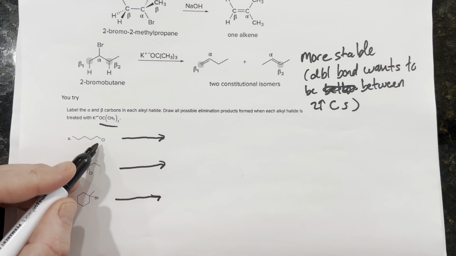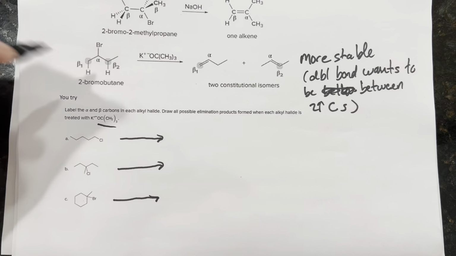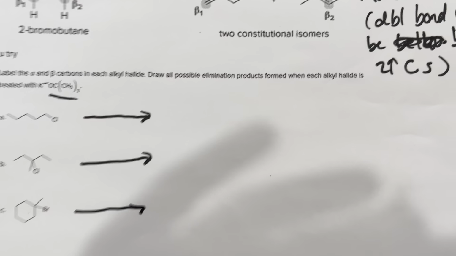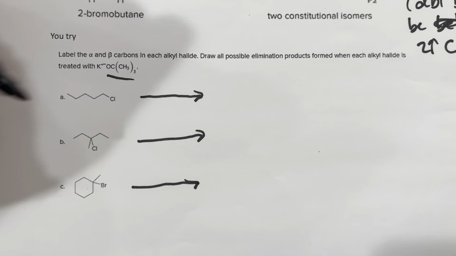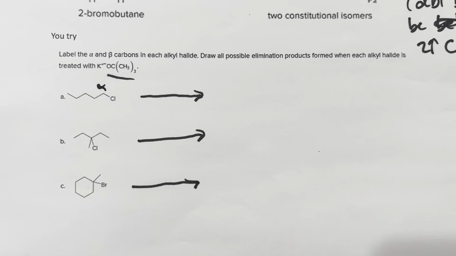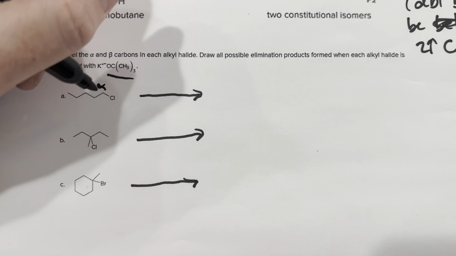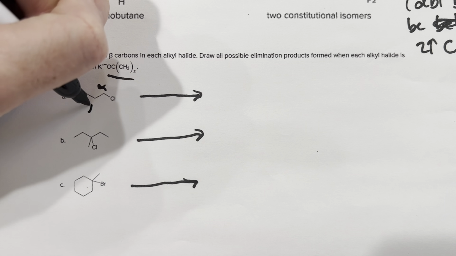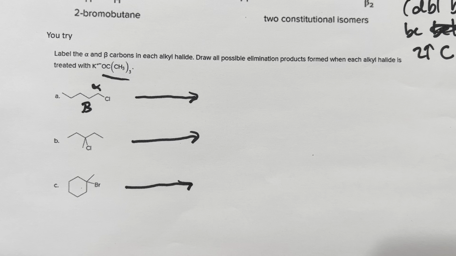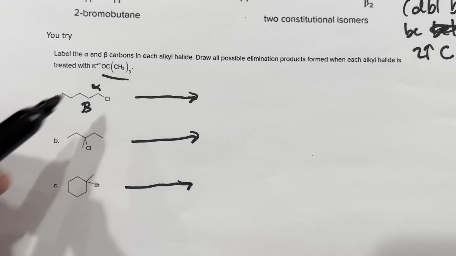All right, now the alpha is the one that it's attached to. So in this case, I'm going to zoom in a little bit here. In this case, the alpha is that one. And the beta is on either side. In this case, there's only one, so the beta is going there, okay? So you know there's only one place to put that bond. It's between the alpha and the beta.